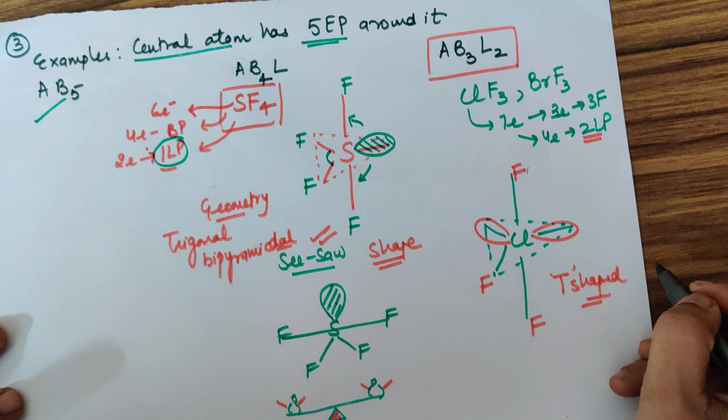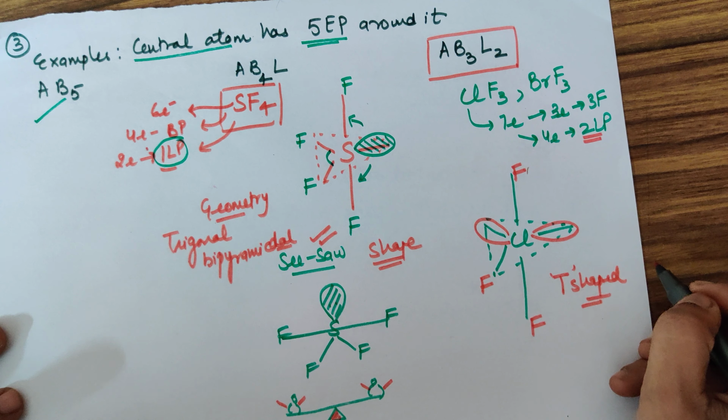The same thing I'll draw for BrF3 also for a better understanding. The situation remains the same. Br has 7 electrons, out of which it has used 3 electrons for 3 bond pairs, and you are left with 4 electrons, so you have 2 lone pairs. So this is your bromine with 3 bond pairs to be placed and 2 lone pairs to be placed.